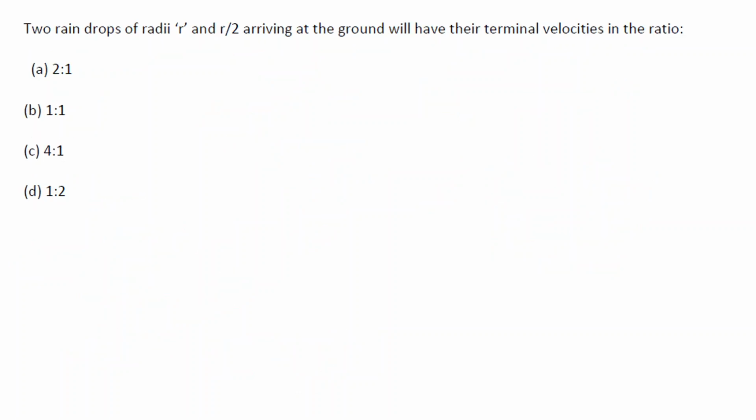Okay, next question is this. Two raindrops of radius r and r by 2 arriving at the ground will have their terminal velocities in the ratio. This is also very straightforward. So let's call this drop 1. There is another drop, let's call it 2. Radius of drop 1 is r, radius of drop 2 is r by 2.